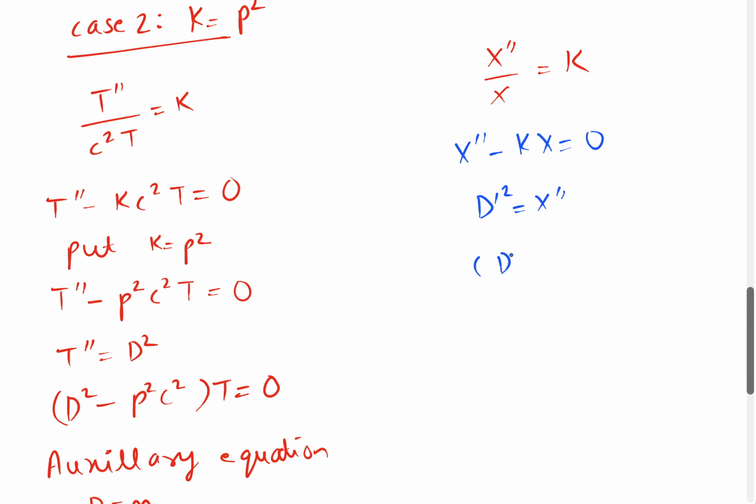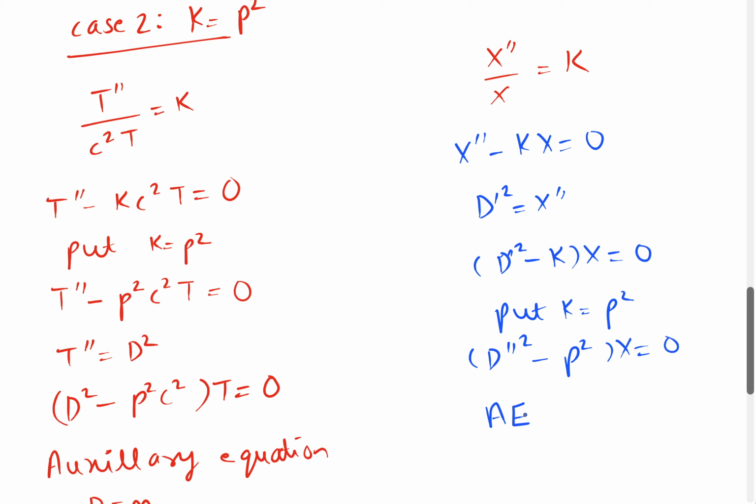So this will become d dash square minus kx is equal to 0. Let's put k is equal to p square. This will become d dash square minus p square x is equal to 0. Now I'm going to find the auxiliary equation.